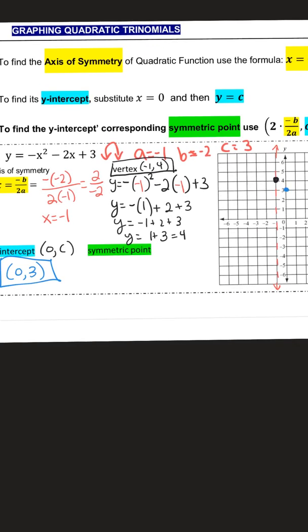Now remember, there are 2 ways to find your symmetric point. You can use your axis of symmetry and say, hey, this is 1 unit away from the axis of symmetry, so I should go 1 unit to the left, and it should be at -2, 3. You can do it that way.